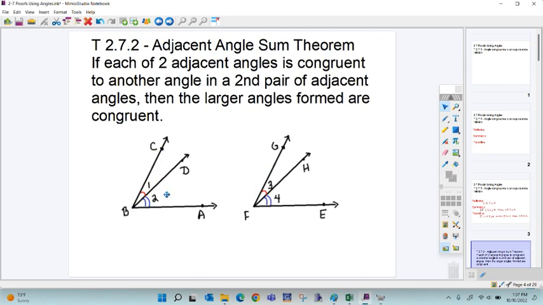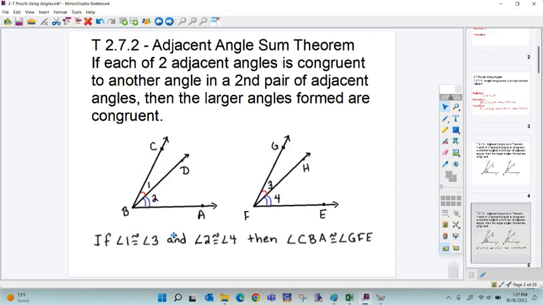They are next to each other, they are adjacent, and this one is congruent to this one, and this one to this one. So the bigger piece also has to be congruent. What that looks like is this. If angle 1 is congruent to angle 3, and angle 2 is congruent to angle 4, then angle CBA is congruent to angle GFE. So the big angles made of the two equal little angles end up also being the same as each other.